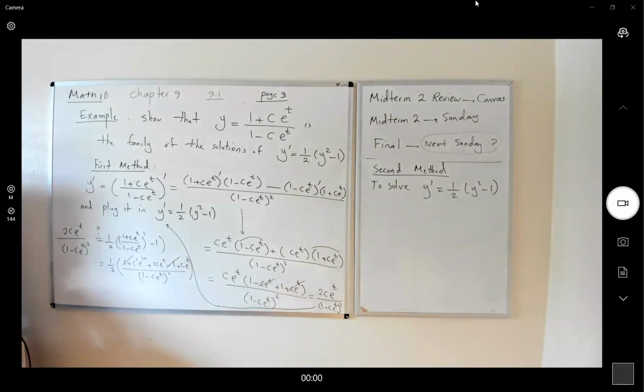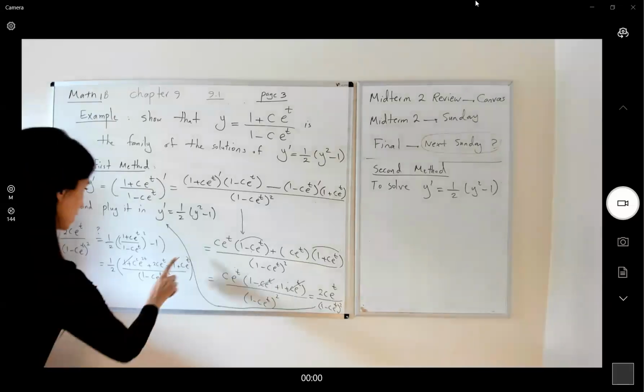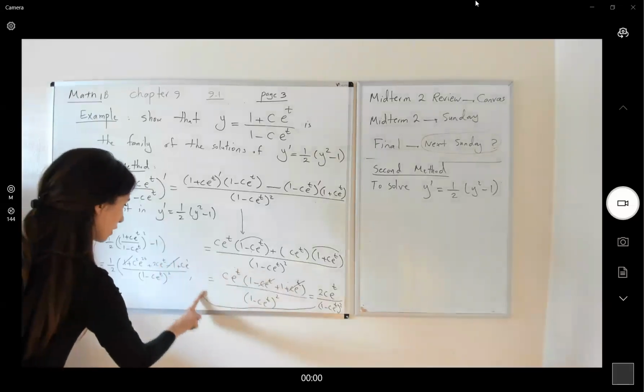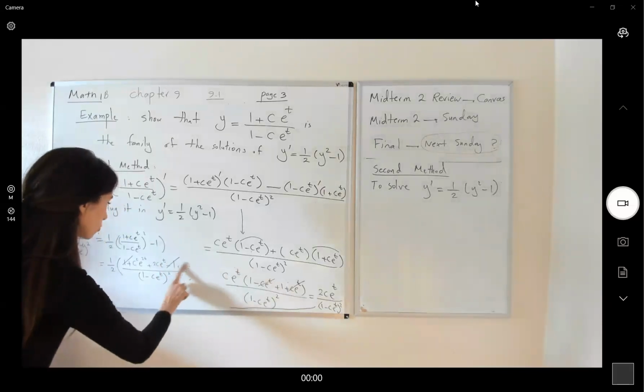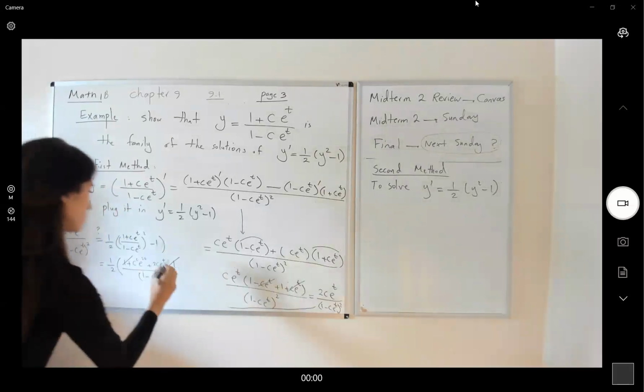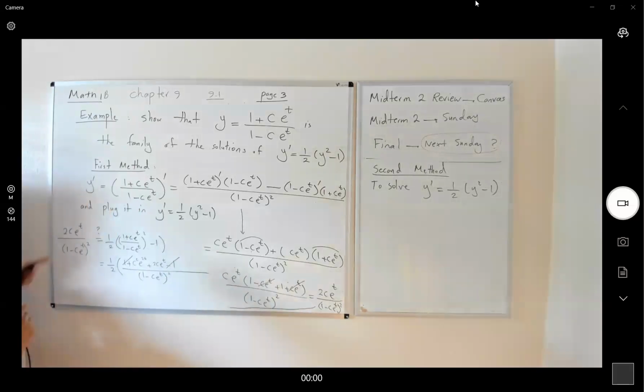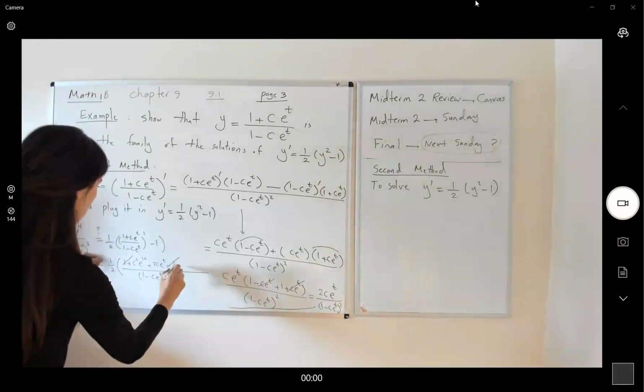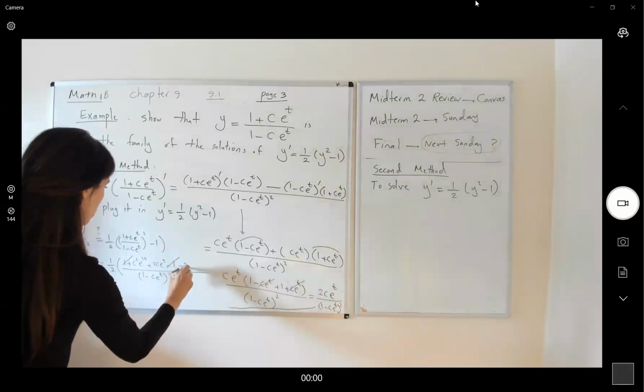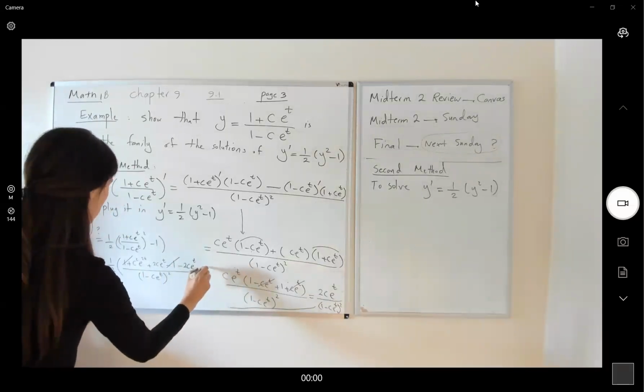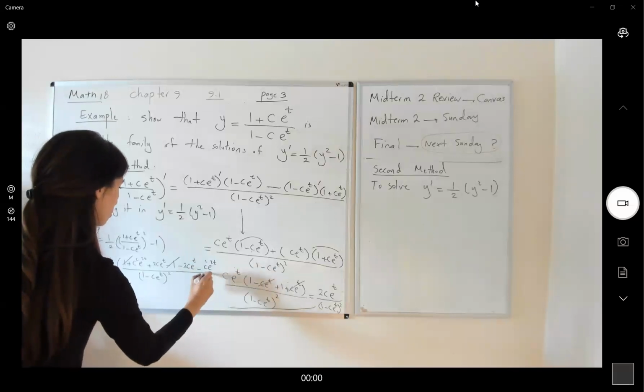Then can we simplify this more? Let me see. If I simplify this, I get c squared e to 2t, 2c e to t, and, okay, here's the thing. Let me just erase this. I need more space to write it down for you. And here you have 1. You have minus 2c e to t minus c squared e to 2t.